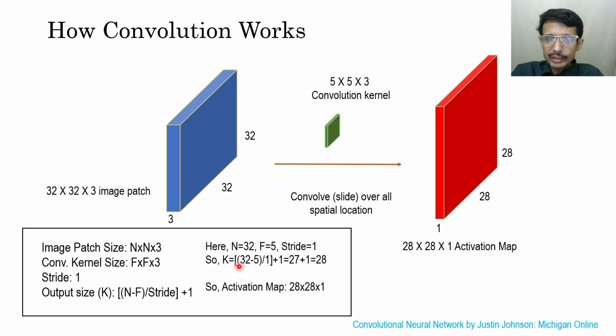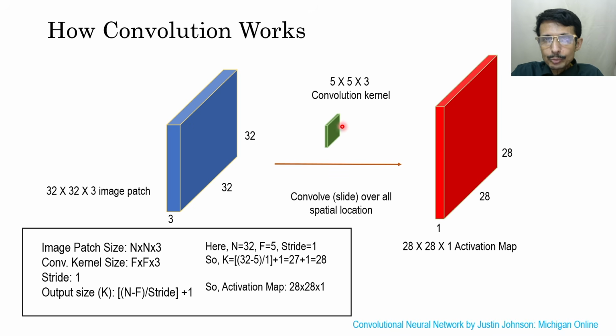If we put it in, we get k equal to (32 minus 5) by 1, which is 27, plus 1, so 28. That is where this 28 comes from. And since it is a single kernel, this is a 1.